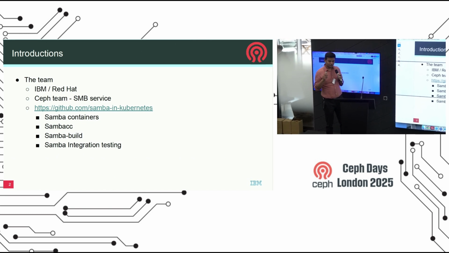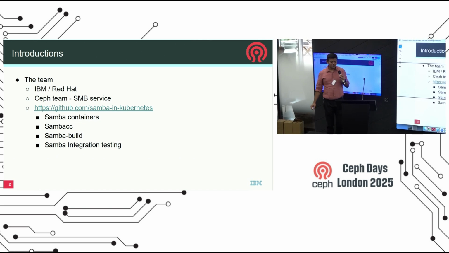So let me just quickly go through the projects. You have the Samba containers. These are containers which run SMBD and other allied services required to export the file system. Samba CC is a wrapper which is used to start the SMBD service.